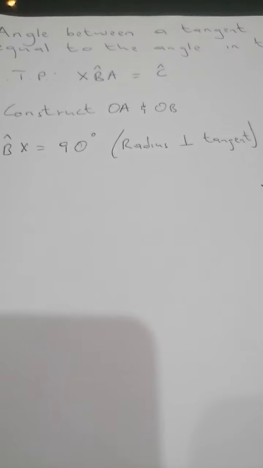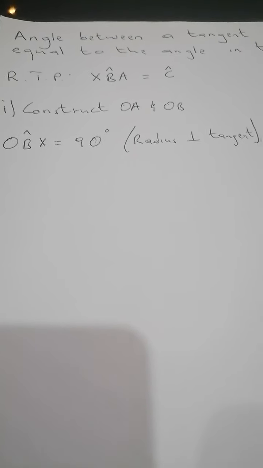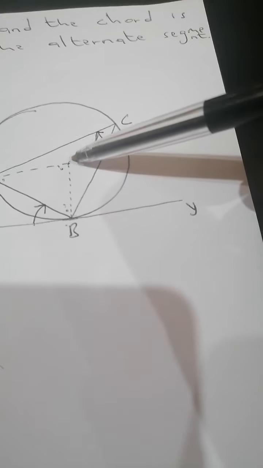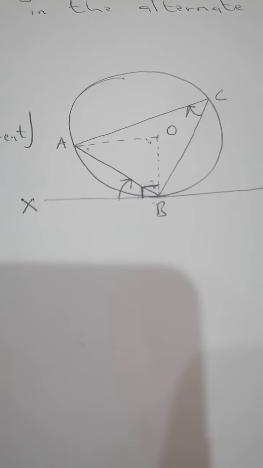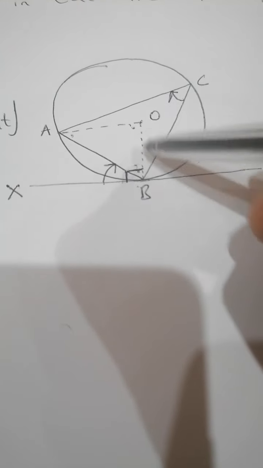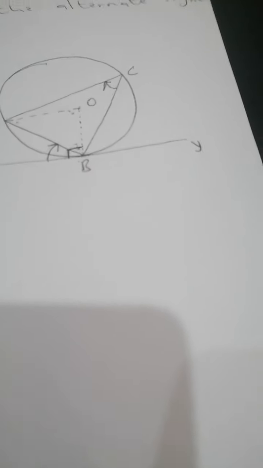So this is angle OBX, the angle between the tangent and the radius, and that angle there is 90 degrees. Remember that the main thing that we want is the interior angle of triangle AOB.